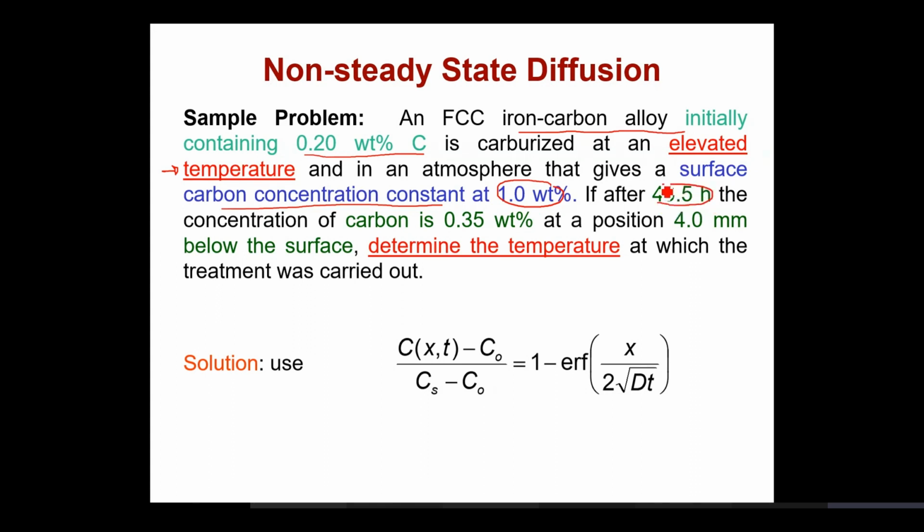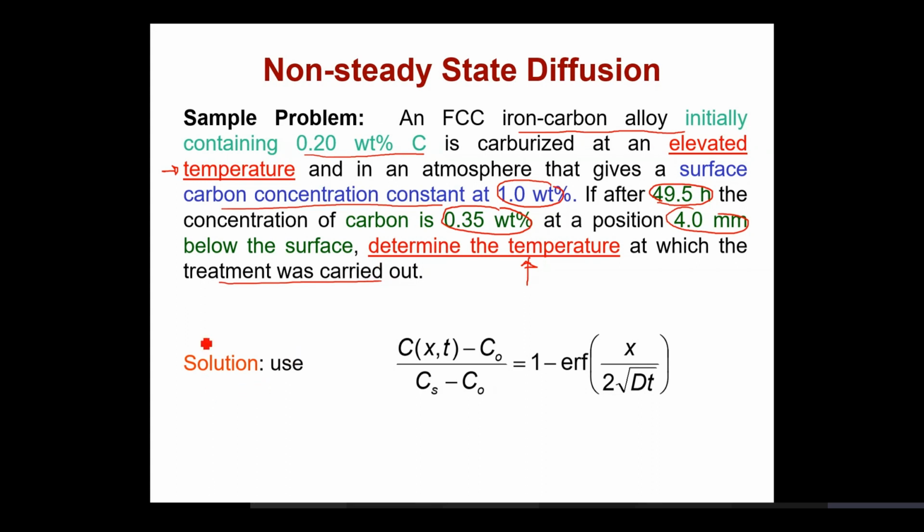If after 49.5 hours the concentration of carbon is 0.35 weight percent at a position 4 millimeters from the surface, determine the temperature at which the treatment was carried out. Now this problem looks somewhat difficult.